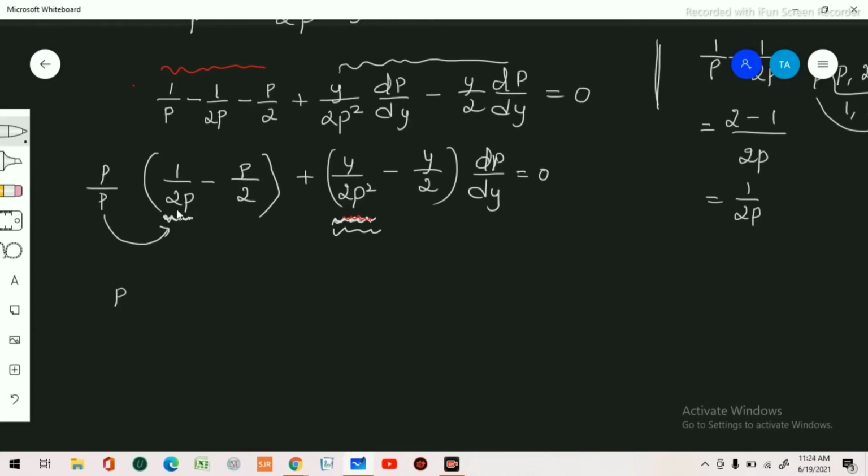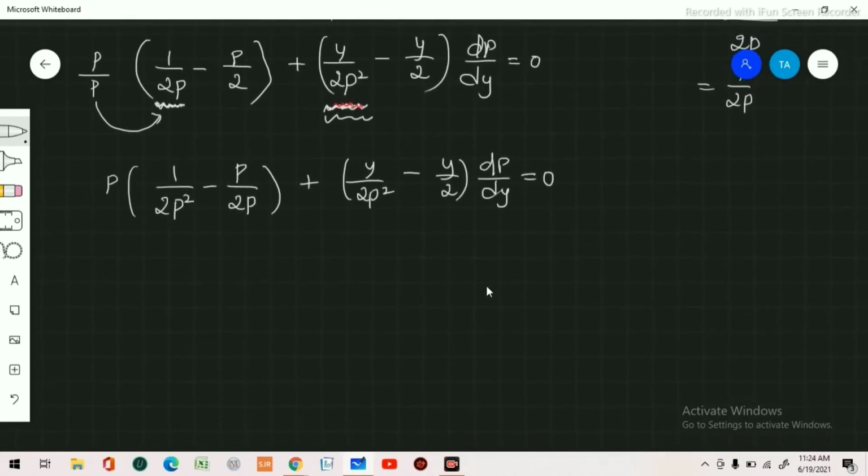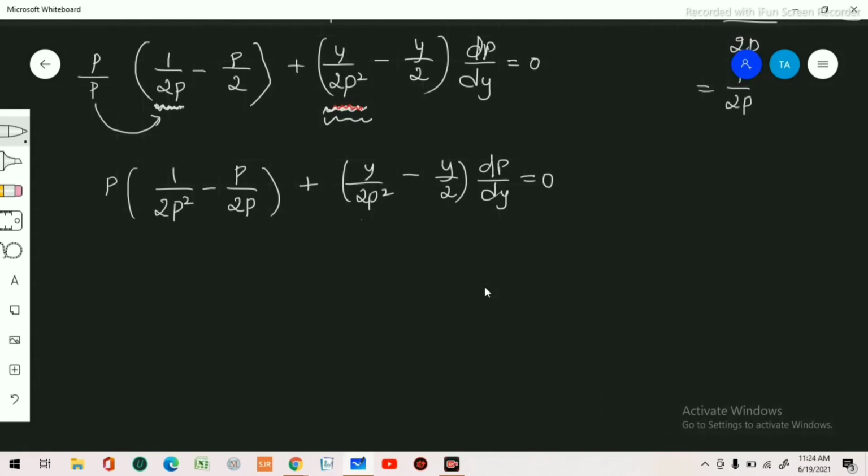The numerator I'll keep as it is. In the denominator I'll get 2p square minus p by 2p. Okay, y by 2p square minus y by 2 dp by dy is equal to 0, all the terms as it is. Now I got 2p square, these two are the same.